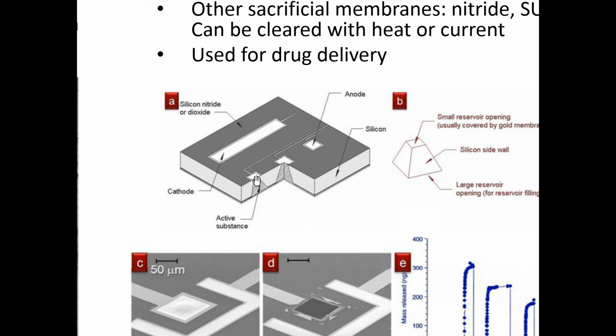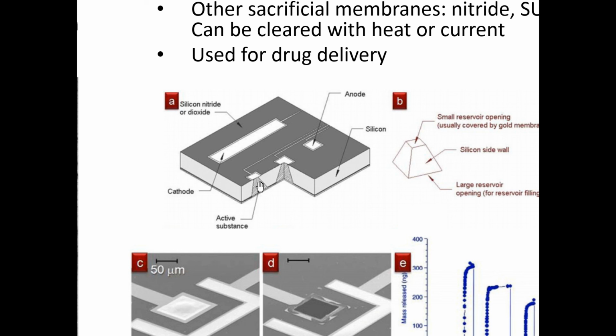They call it a sacrificial membrane. The idea was that, let's say you had a small chip that had 10,000 different wells in it. Then if you're opening one of those wells per day, you could have 10,000 days of drug in there, right?